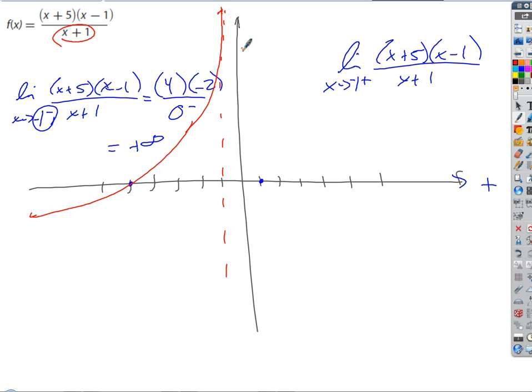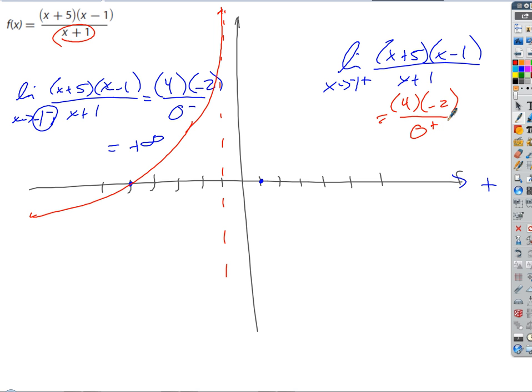How about over here? We're going to get 0 plus on the bottom, aren't we? If I approach -1 from the right, I'm going to get like -0.99 plus 1 would be +0.0 something, right? So I get a 0 plus, and then I get the same numbers at the top, don't I?